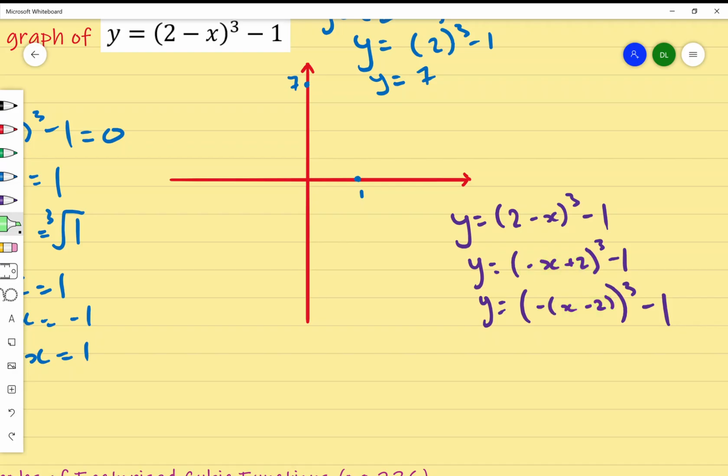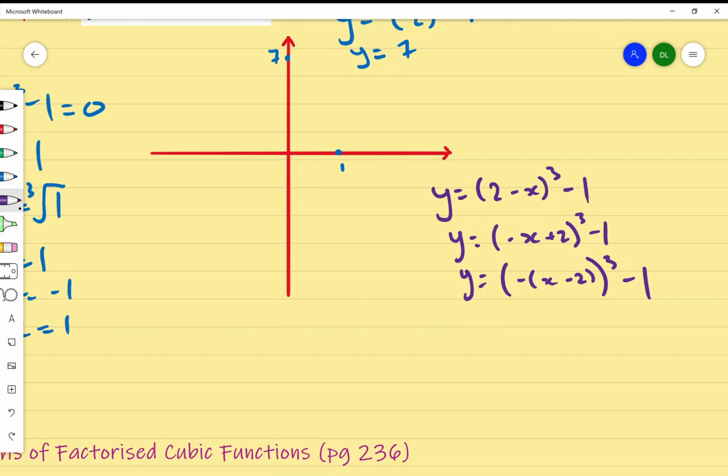From there, would you agree that the cube of a negative number is still a negative number? So for example, negative 1 cubed is still negative 1. Are we okay with that? So it's the same as if I write y equals the negative of (x minus 2) cubed, minus 1.